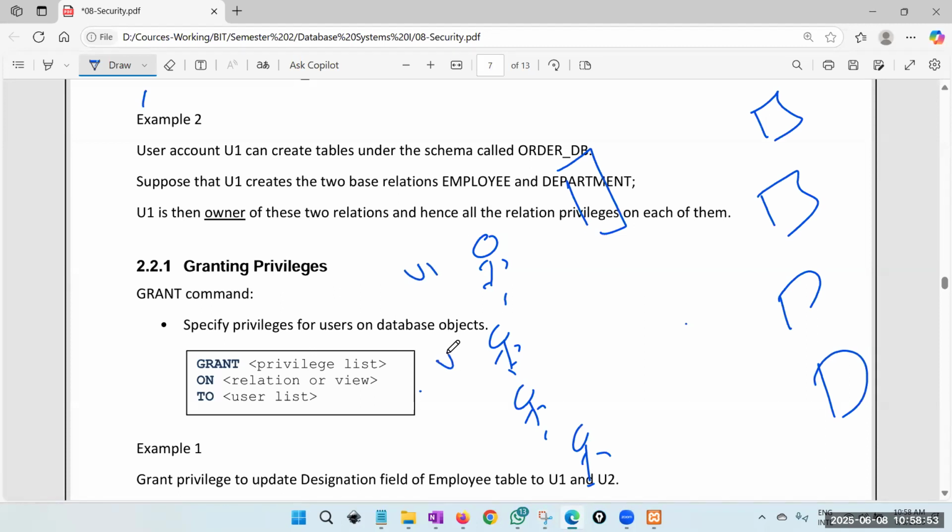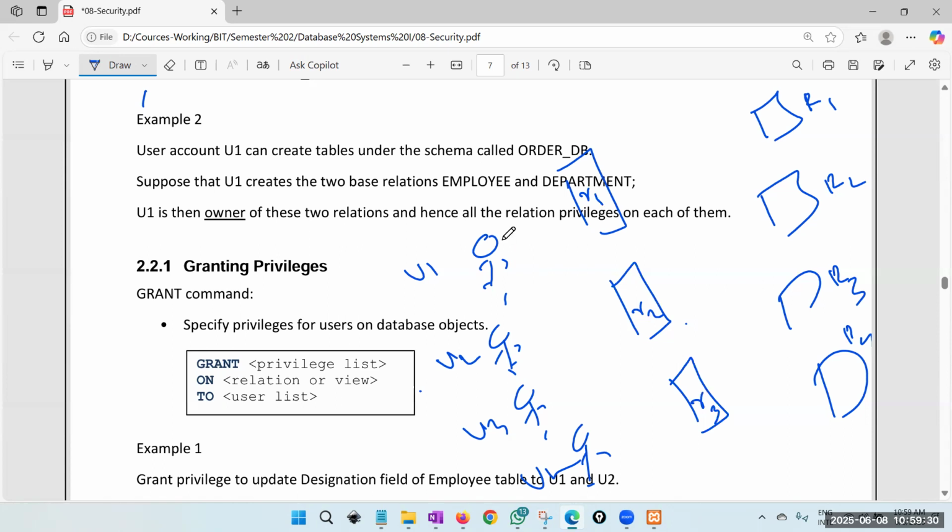Say user 1, user 2, user 3, user 4, resource 1, resource 2, resource 3, resource 4. So then we have a concept called role. Unfortunately, resources also start with R, and role also starts with R. Therefore, I will use a simple R. Say this is role 1, role 2, role 3. Maybe this is manager. This is operator, cashier. Maybe admin. Okay.